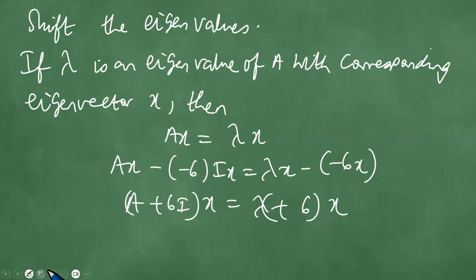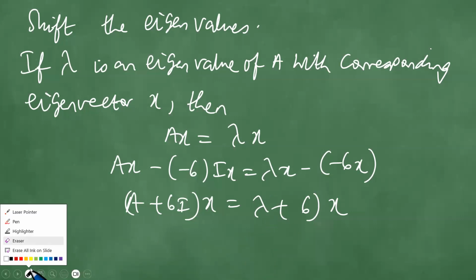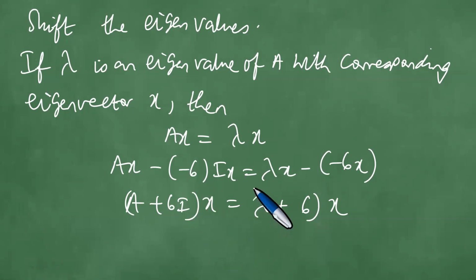I want us to note something here: obviously at this point you have lambda plus 6 times x, and then we proceed.